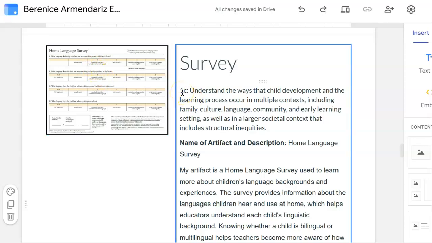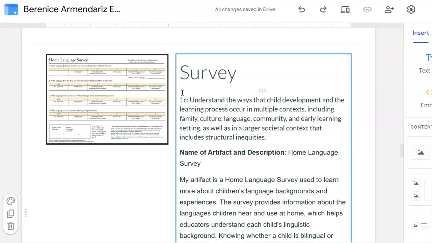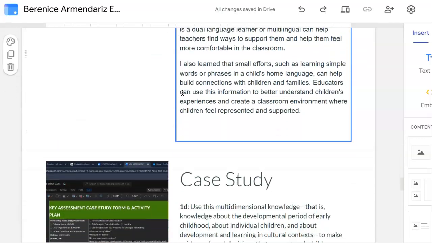It helps us understand that child and how they learn because they come from different or multiple contexts, right? Including their family, their culture, their language. So we want to make sure that we have a good understanding of all of those things so that we can teach them the best way that they know how.